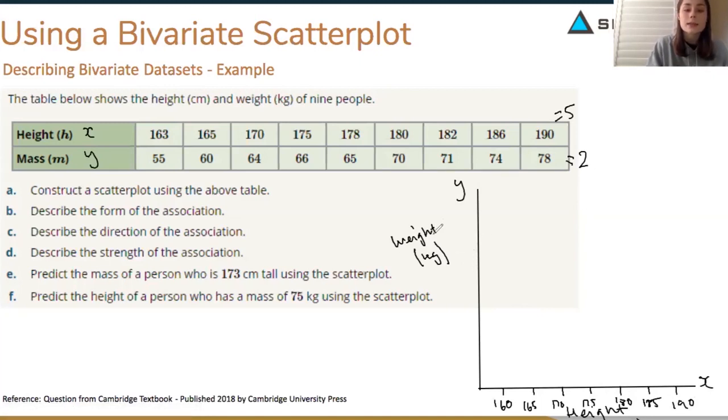And then my weight, or my mass, is going to be on the Y, and we're going to do 2s. Let's start at 54, 56, 58, 60, 62, 64, 66, 68, 70, 72. No, I'm going to have to retry that one.